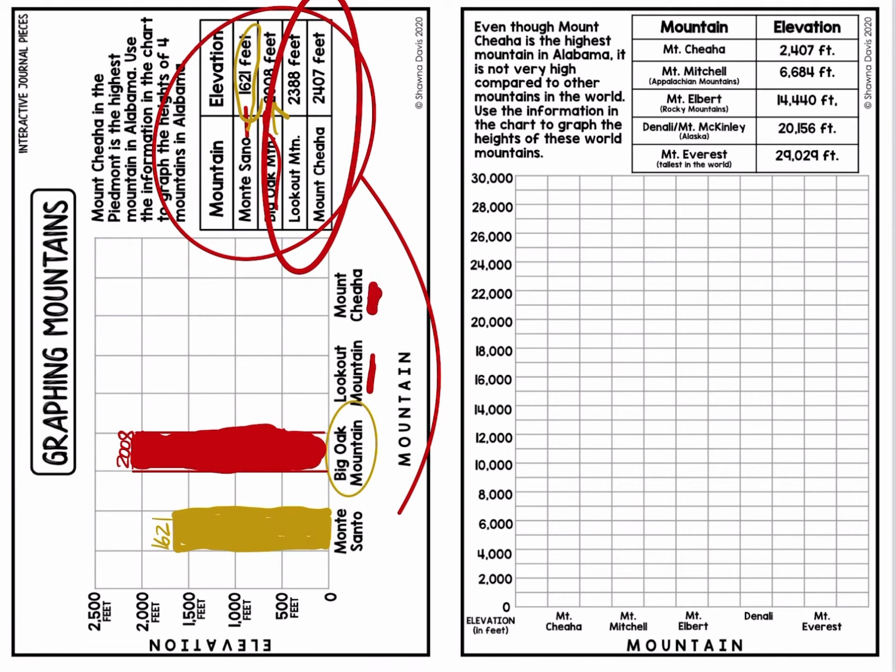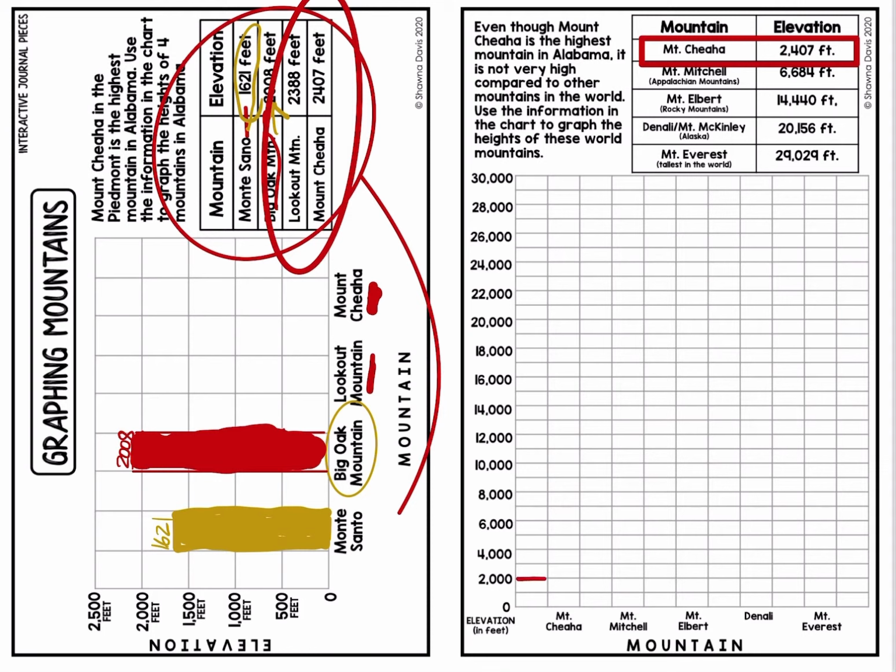And then over here on the right-hand side, it says, even though Mount Cheaha is the highest mountain in Alabama, it's not very high compared to the other mountains in the world. Use the information in the chart to graph the heights of these world mountains. So Mount Cheaha, we're going to graph it again, and we're going to make a bar graph because that's how this is set up. Mount Cheaha is 2,407.